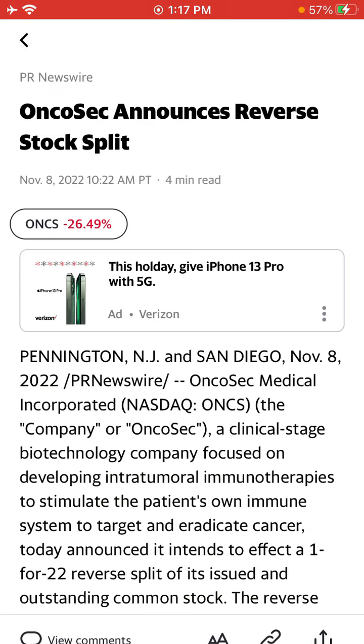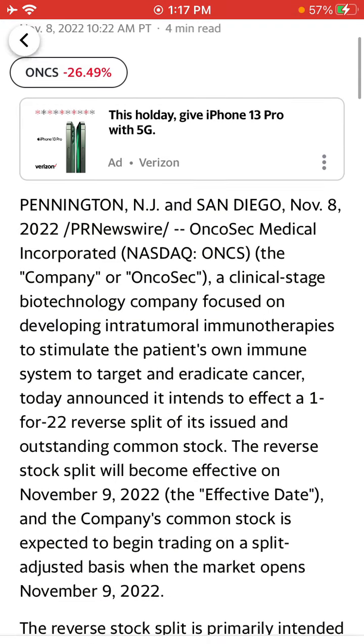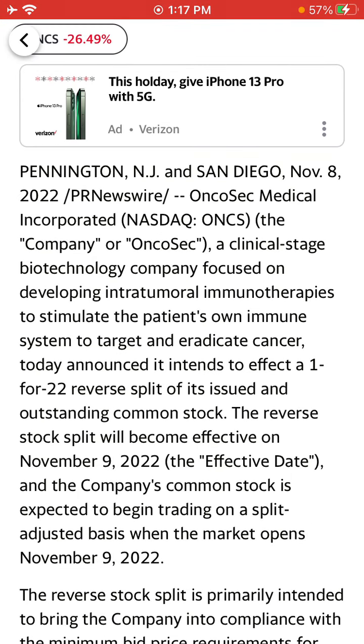So if we go to November 8th, in this case it was a 1 for 22 reverse split. So remember, the current float was 39 million at the end of October.